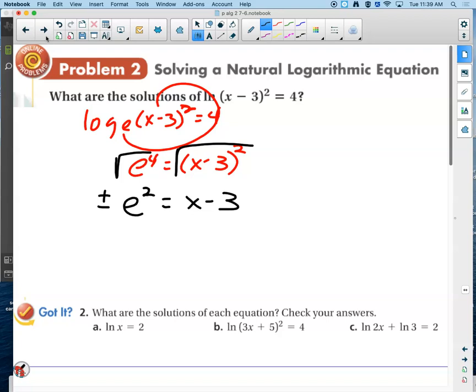Almost done getting x by itself. All I have to do is add 3 to both sides. And then it's going to be calculator time. These are definitely going to be our 4 decimal place problems here.